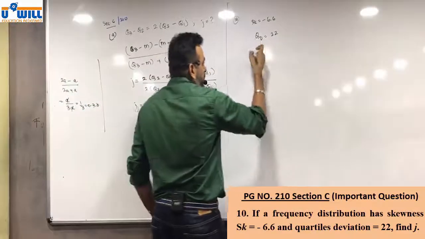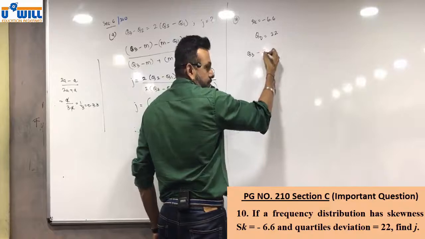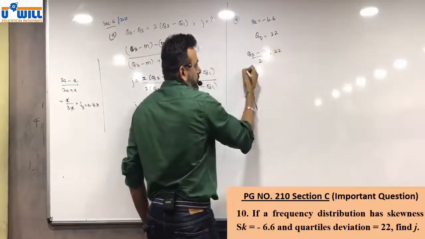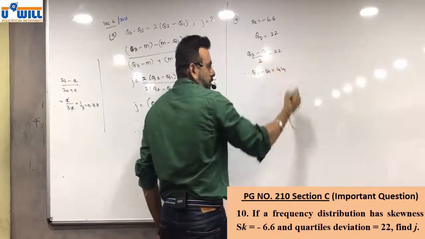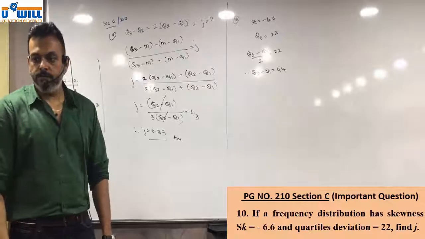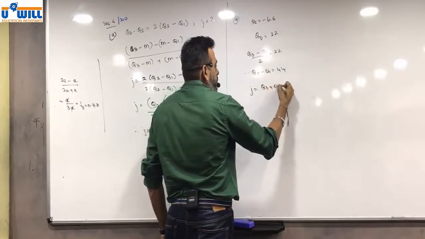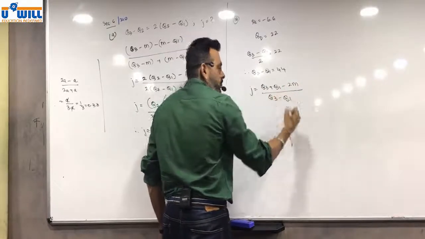Now, quartile deviation is what? Q3 minus Q1 upon 2 is equal to 22. Therefore, Q3 minus Q1 is equal to 44. Can I say this? J is equal to Q3 plus Q1 minus 2M upon Q3 minus Q1.